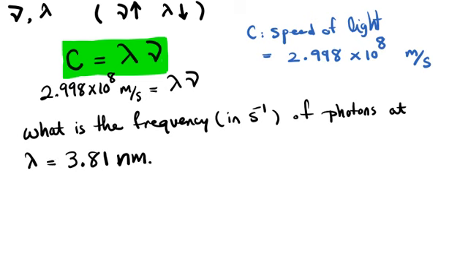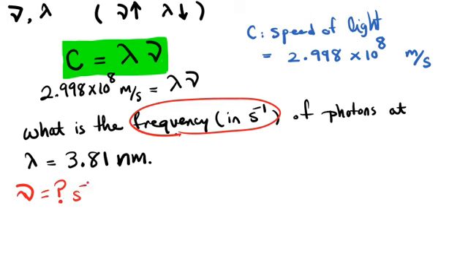I'm going to solve this problem. The question says, what is the frequency? So I'm going to write nu, question mark, per second, if we have photons at this wavelength, 3.81 nanometer.